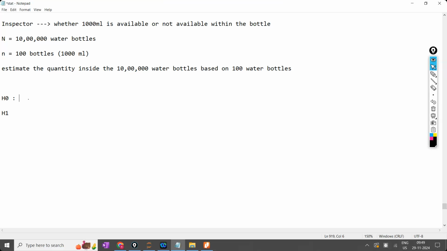How to formulate the null hypothesis: the null hypothesis says that nothing is there, no difference. Null means nothing, or no difference, or whatever is present now, continue with the present one. Status quo. That is the meaning of null.